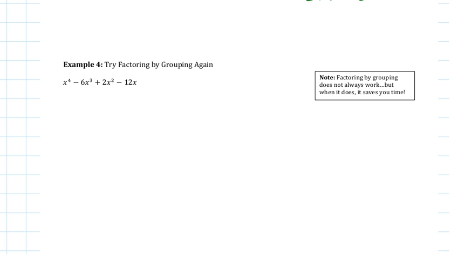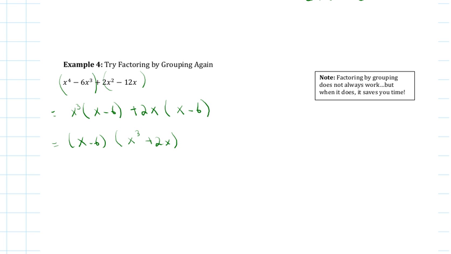And I have a quartic function here, x to the power of 4 minus 6x cubed plus 2x squared minus 12x. I'm missing, obviously, as you can see, the constant here. So if I'm going to try factor by grouping, I have these two and I have these two. I'm factoring out an x cubed, and I'll be left with x minus 6. I'm going to factor out 2x, and I'm going to have x minus 6.